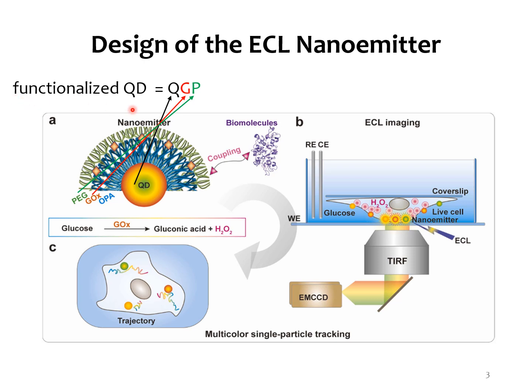The functionalized quantum dots are called QGP. By modifying GOX on the quantum dot, the continuous emission process avoids the problem of co-reactant shortage.